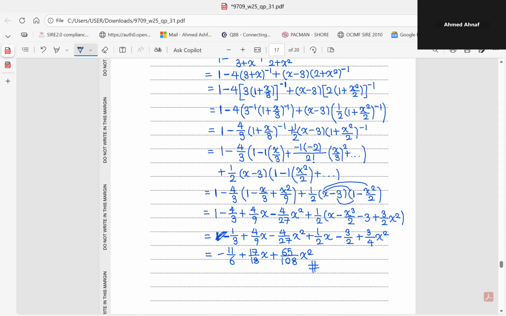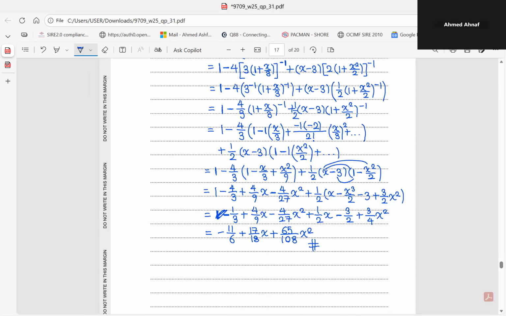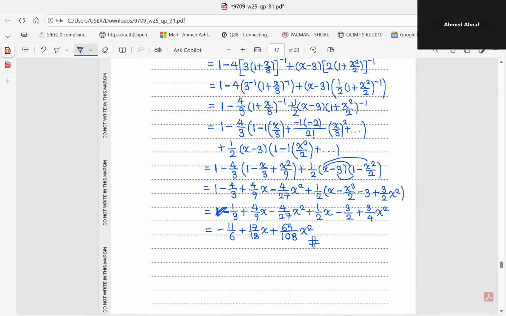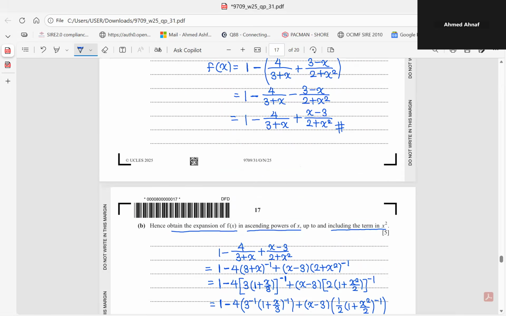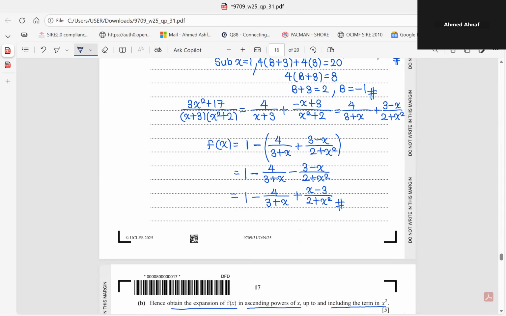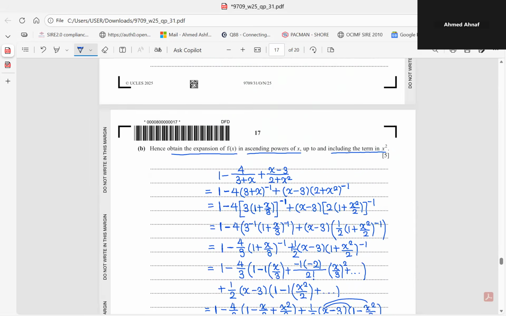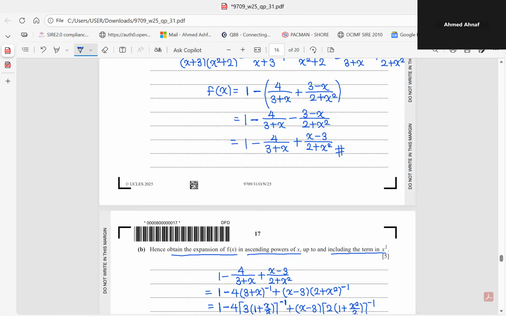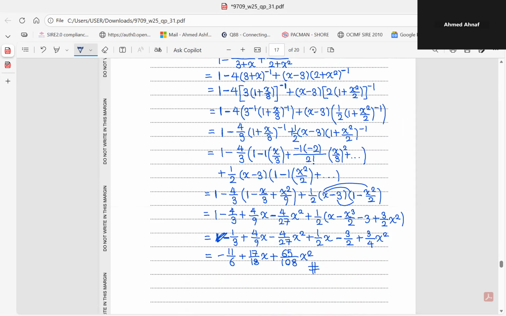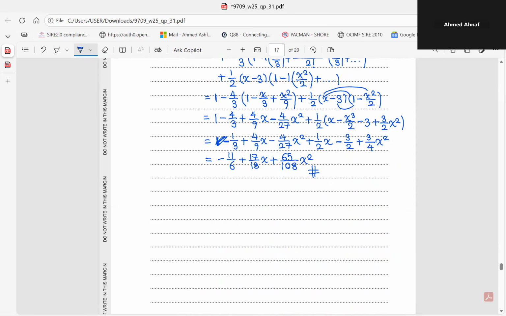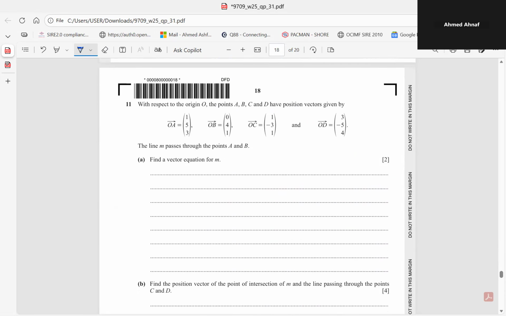And if you want to know whether your expansion is correct, substitute the same number into your expansion and see if your values are close. If you're not convinced, you can try it with other values of x as well. That's the best way to check, in my opinion. And with that, let's head on to the last question.